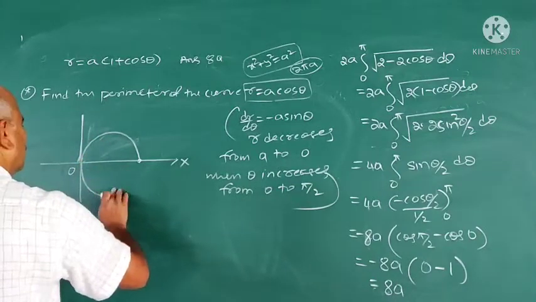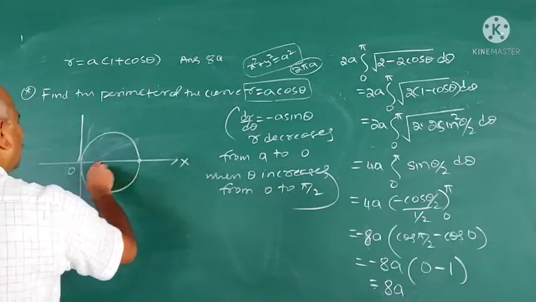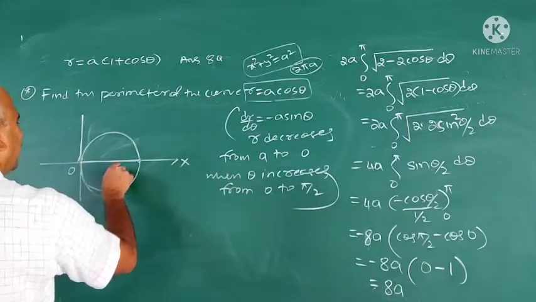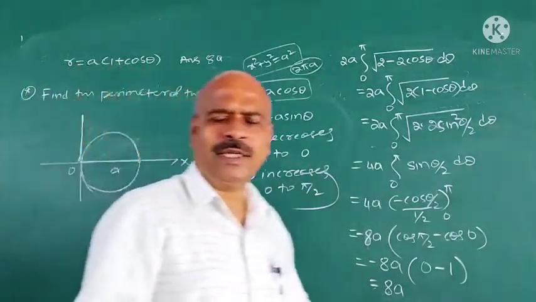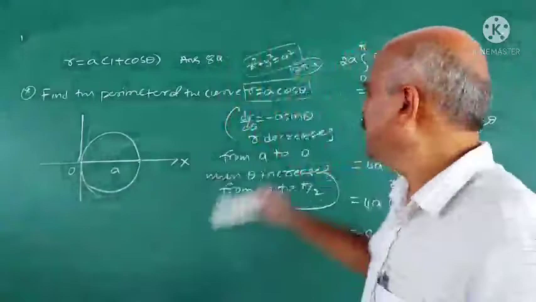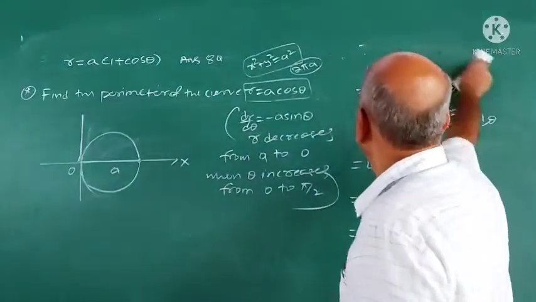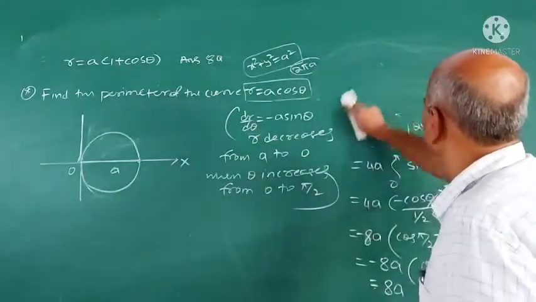Therefore, because of symmetry, this is the circle. And what is this length? It is a. So the diameter is a here, not the radius.